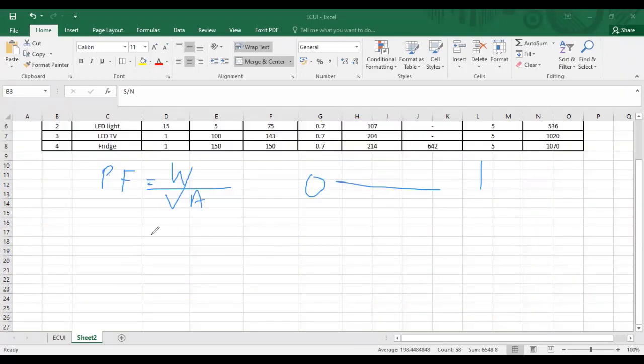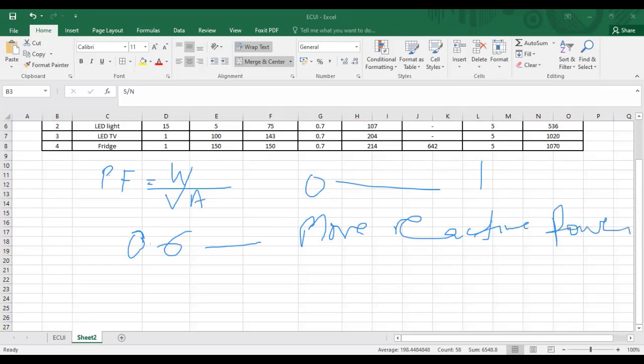If a low power factor, let's say 0.6, this is not so good for the system. It means that you have more what? More reactive power in the system. So if your power factor is low, it means you have more reactive power. Most times we tend to move our power factor to unity.